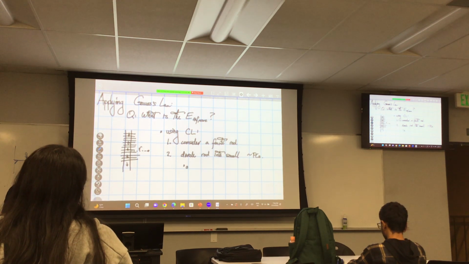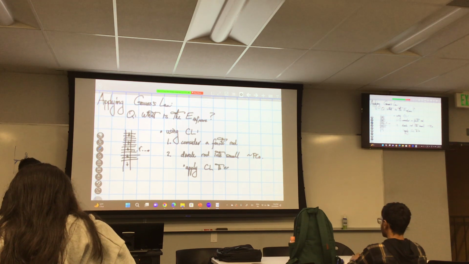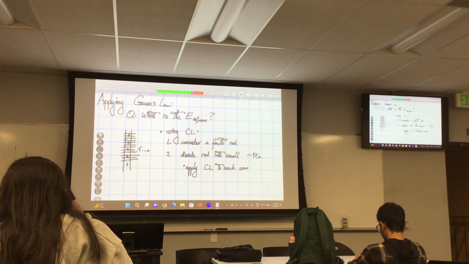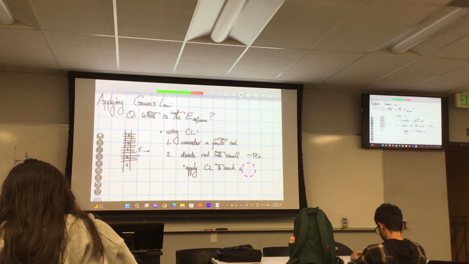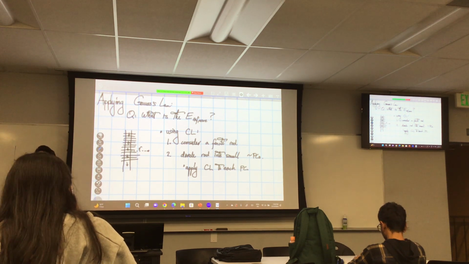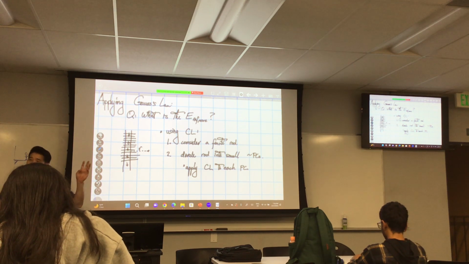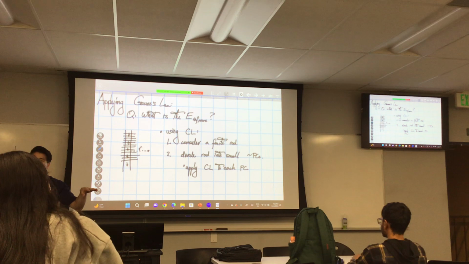So here, apply Coulomb's law to each point charge. Do you remember that example with 3 point charges, where I asked you to get the electric field on the x-axis?